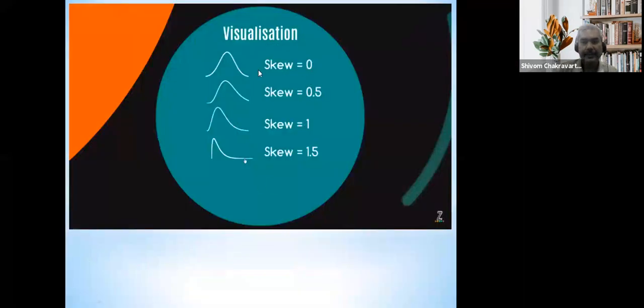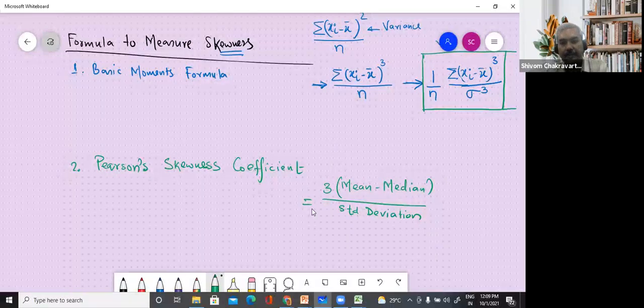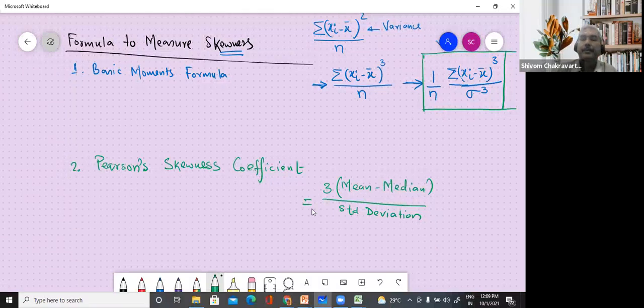For different cases, the range of values given by this simpler formula is almost the same. So this is the Pearson's skewness coefficient. Very simple. 3 multiplied by mean minus median divided by standard deviation of the data.